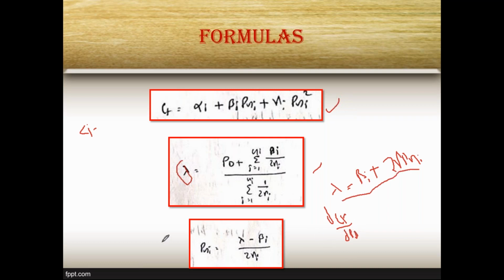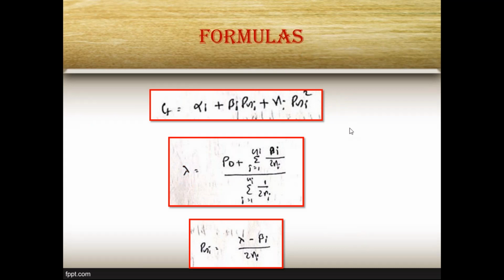From this equation, we can derive that PGI equals lambda minus beta I divided by 2 gamma I. Here I indicates the number of plants. We have 3 plants, 1, 2 and 3, so we have to find the lambda value and PG1, PG2, PG3. We use these 3 formulas to find all the values.